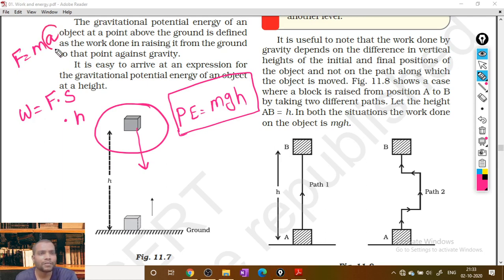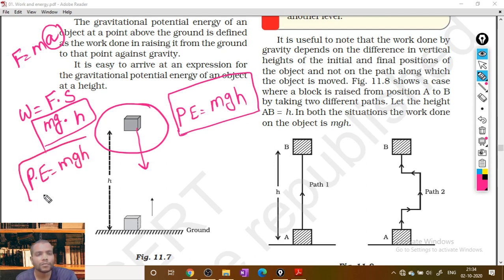But here a is not an acceleration due to an external force, since the object is not moving by external force; it is falling due to acceleration due to gravity. Because of gravity it is falling, gravity is applying force on it. Now we can express this work as potential energy equal to mgh. This potential energy is also known as gravitational potential energy.